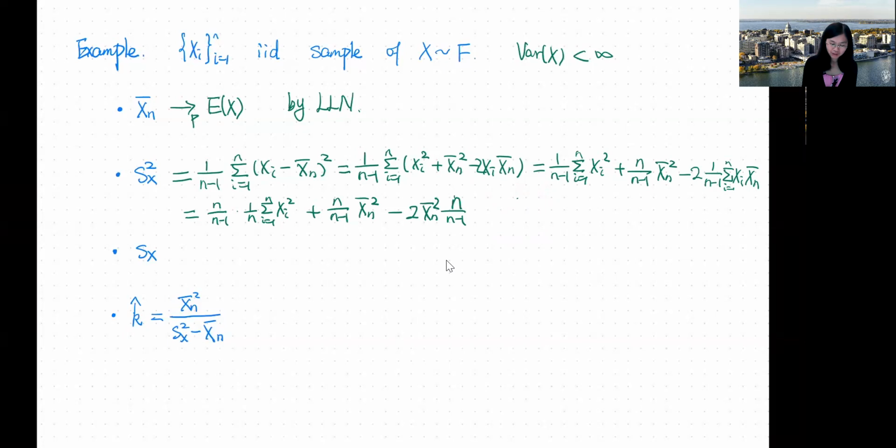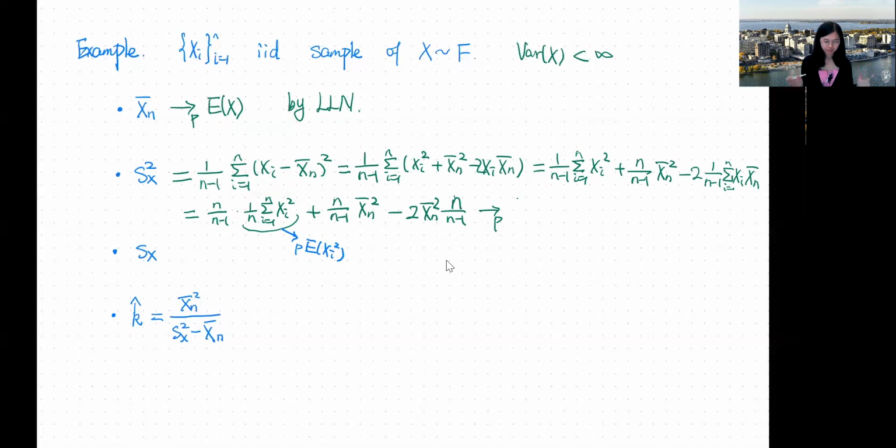So now we can appeal to the law of large numbers and Slutsky's theorem. By the law of large numbers, this quantity converges to the expected value of xi squared. So now you're viewing xi squared as a random variable, and you have an IID sample xi squared, i runs from 1 to n.